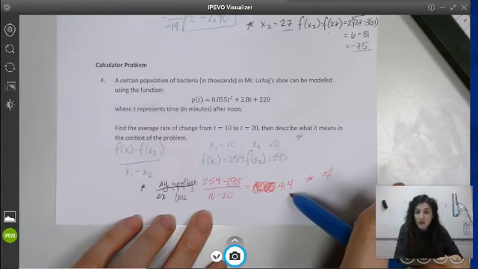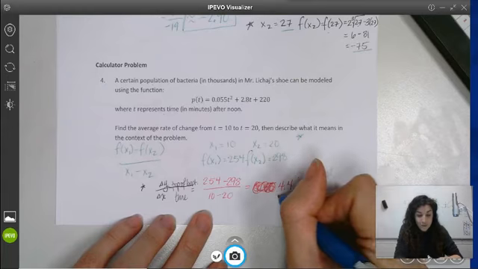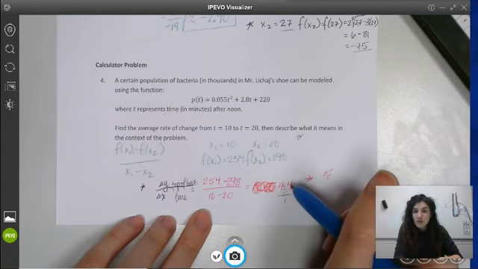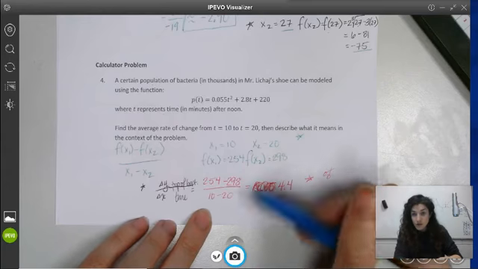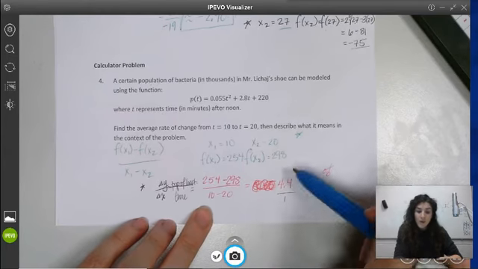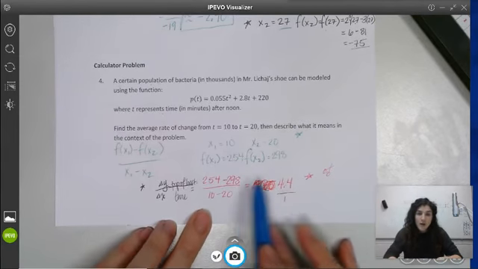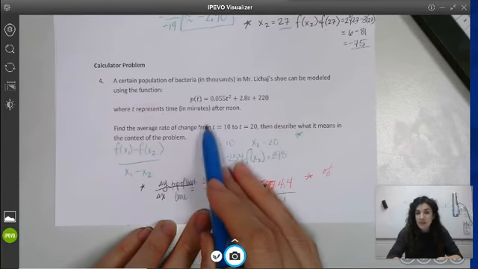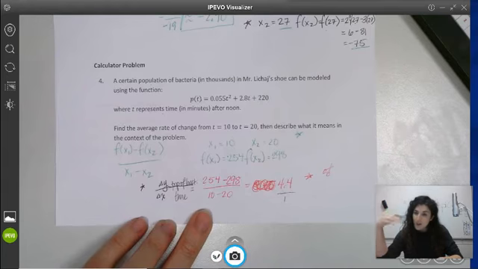So if you get 4.4, you can think of it as 4.4 over 1. If we've got this relationship of a slope, or an average rate of change, being 4.4, what that means is it's 4.4 bacteria over 1 of the time. The time is in minutes. So try and think about what this means in relation to the context of the problem.